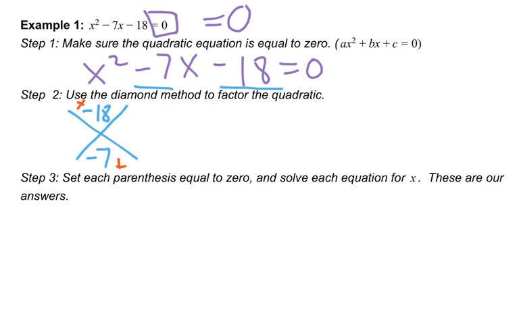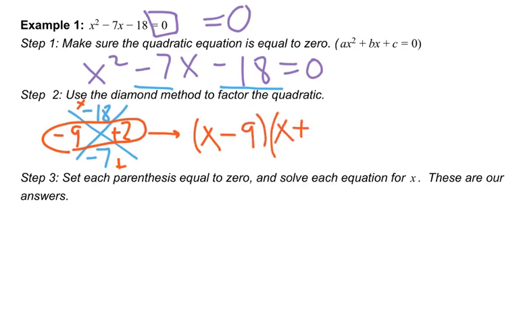And as we're thinking about it, we can see that negative 9 and positive 2 are our two puzzle pieces, okay? And just to remember how to put it in factored form, we're going to write (x minus 9)(x plus 2), and reminder that that still equals 0.